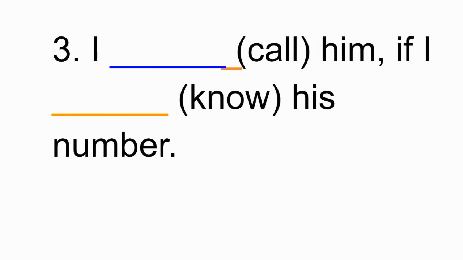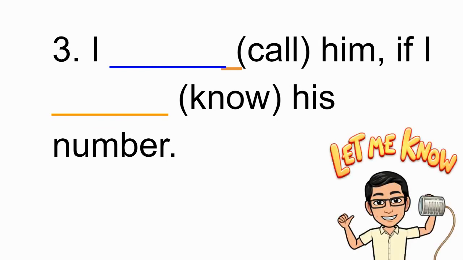I blank call him if I blank know his number. In this particular example, we started with the main clause and then the if clause. What is the correct verb form of the main clause?